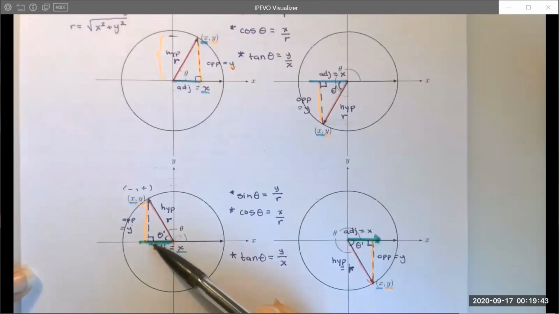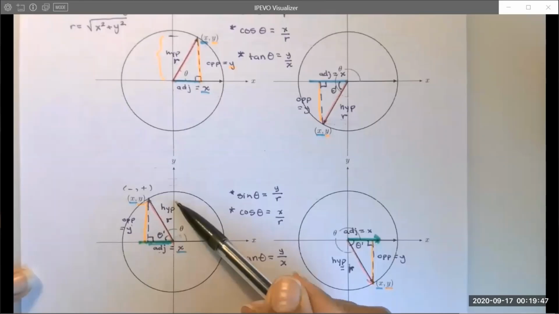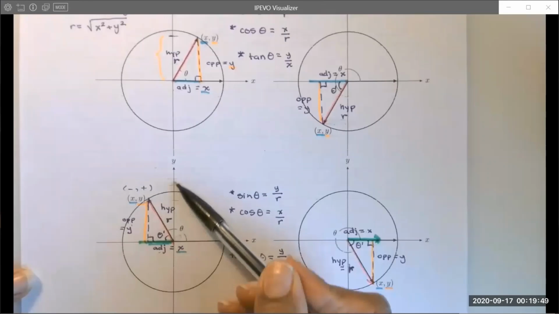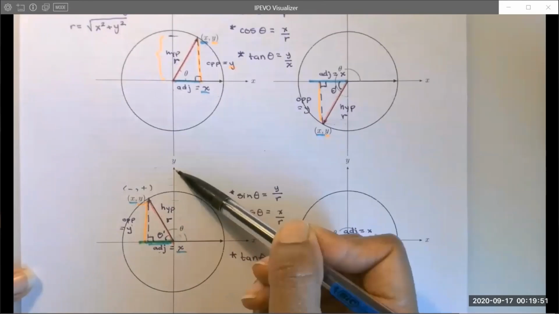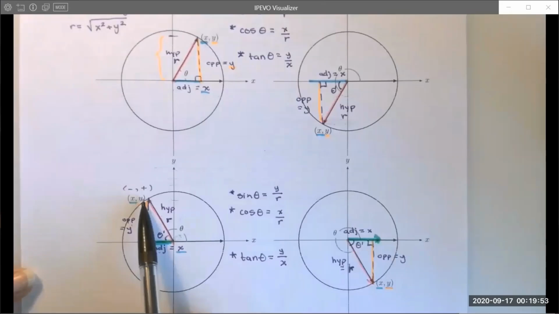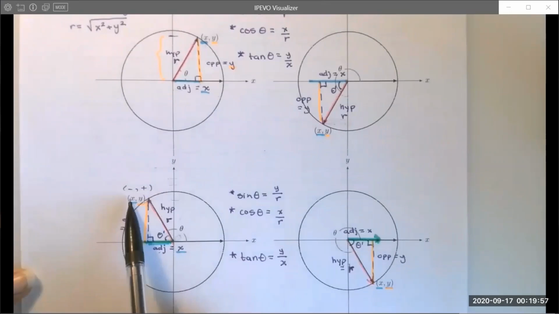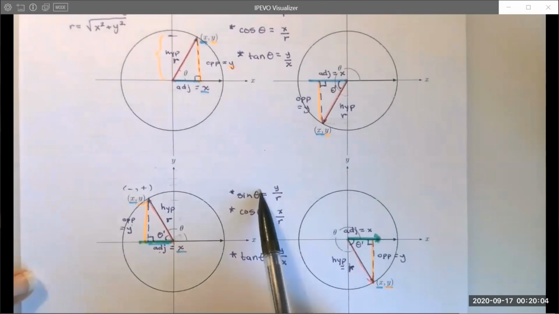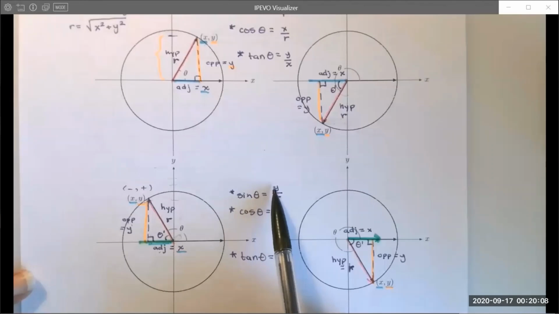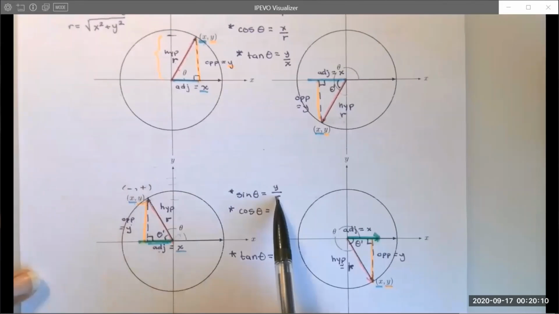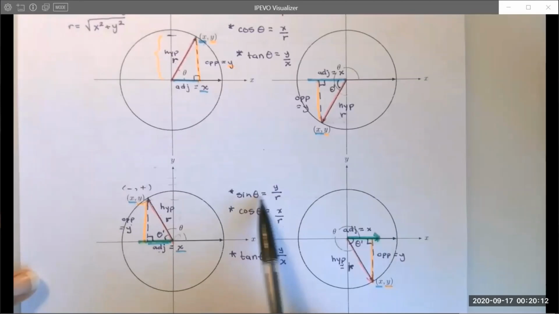And then y is going up, and that's considered to be positive. We find all the positive numbers above the zero mark. So anything in this quadrant, x will be negative and y will be positive. So when we take a look at the trig functions, the sine is y, which is positive, over r, which is positive, so sine will be positive.